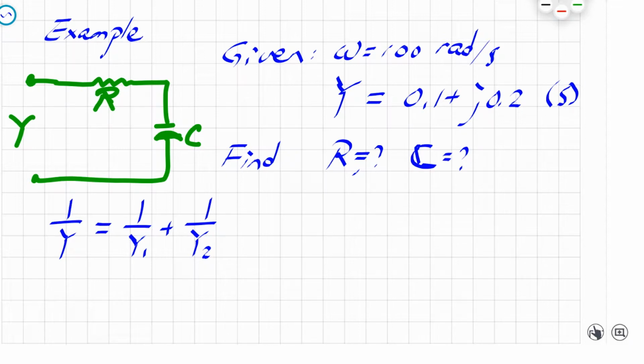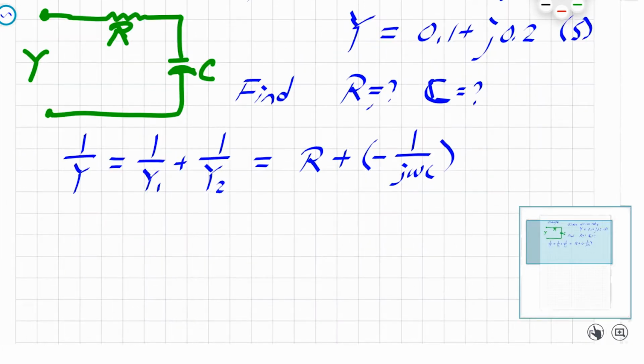And this is equal to R, 1 over Y1 is Z, and Z for resistor is simply just R, and then plus 1 over Y2. 1 over Y2 is Z2, which is the impedance of the capacitor, and that gave us a negative of 1 over J omega C. So this is on the right hand side.